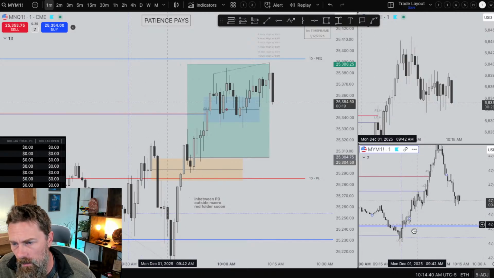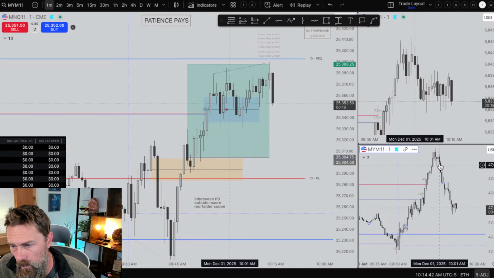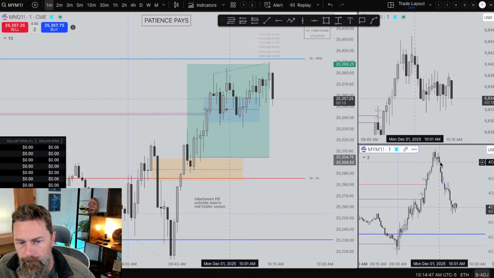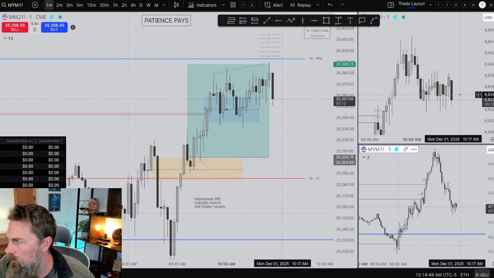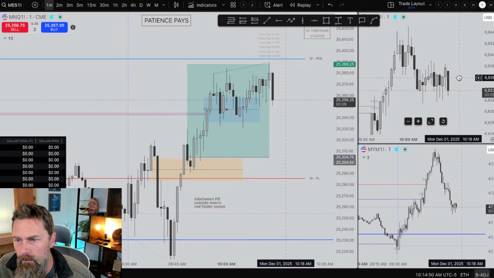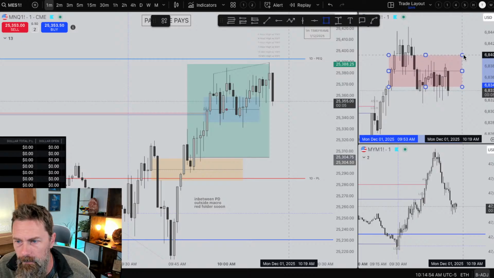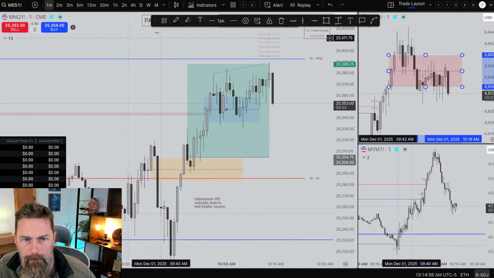So YM had the long. There was a short here on YM too. Similar to even ES. ES came into one of the levels that I would have been interested for a short.